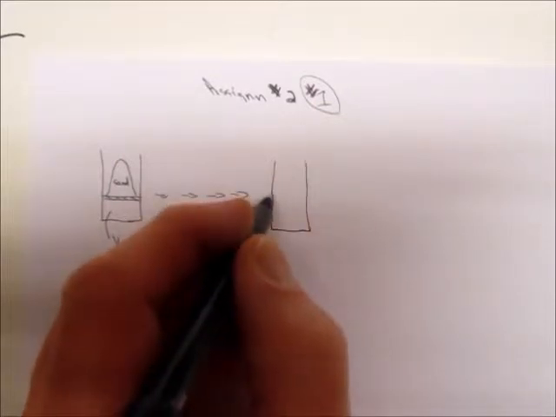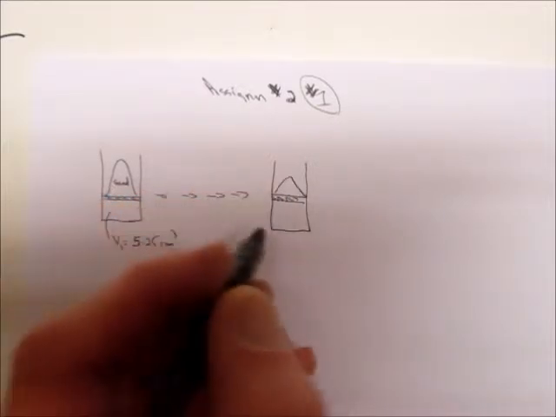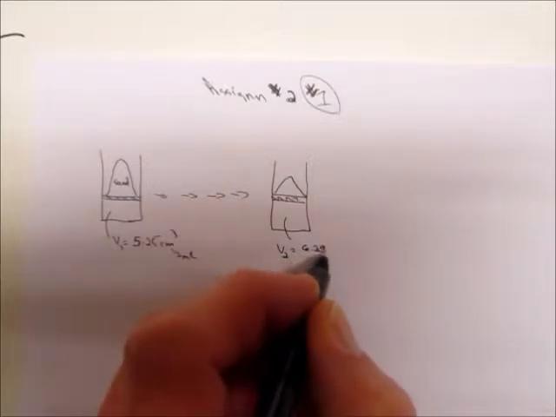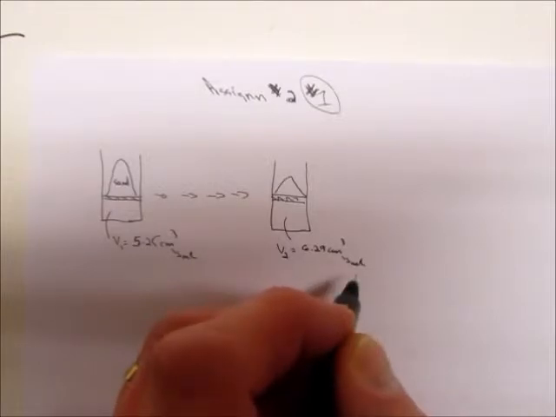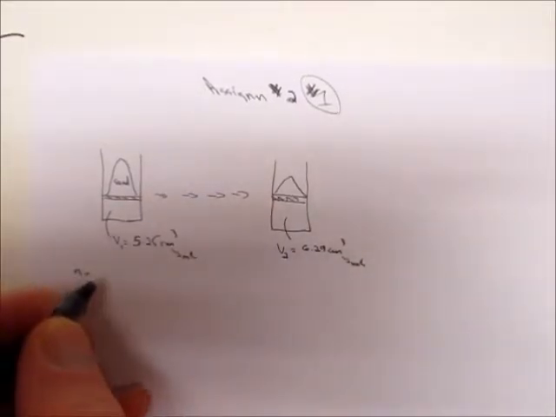So we go here, and eventually, I don't know how many grains of sand, so let's just say the pile got smaller, and the new volume is 6.29 centimeters cubed, which is milliliters. We're told the number of moles is 0.070, 70 millimoles.